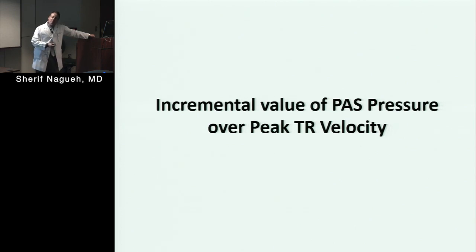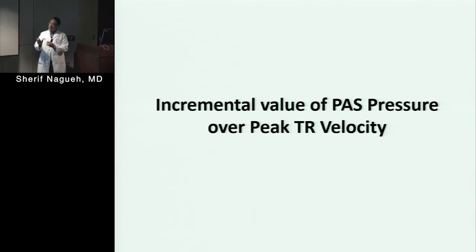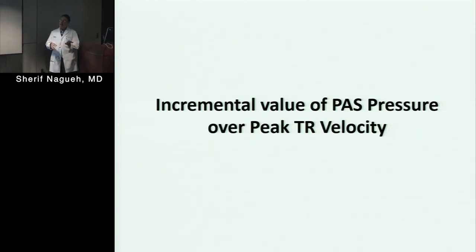Their thought behind why you do not want to use PA systolic but want to use peak TR is that you end up with RAP estimation, and RAP estimation is not as accurate. We should rely on a signal that is more solid, and that is the TR velocity. Their guidelines for pulmonary hypertension were never validated.